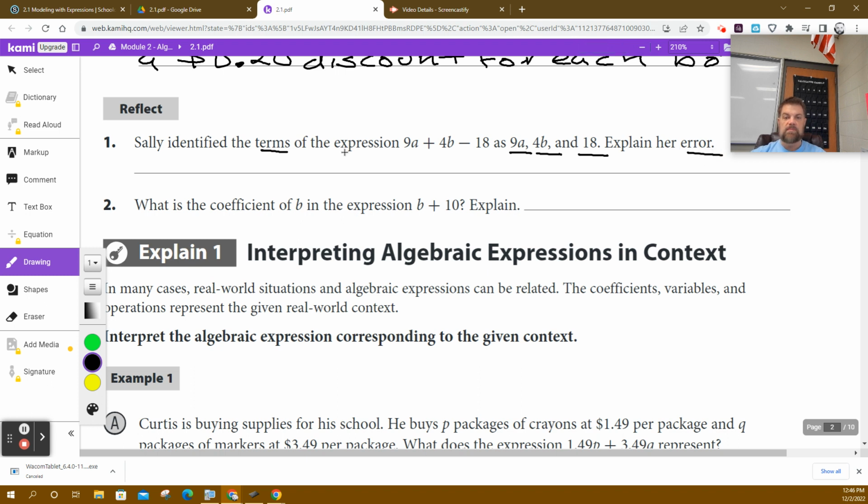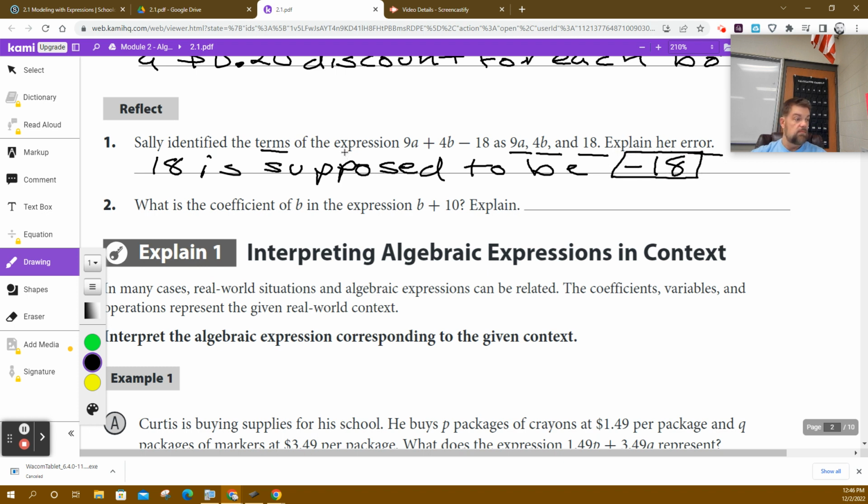What's her error? 18 is supposed to be negative 18.